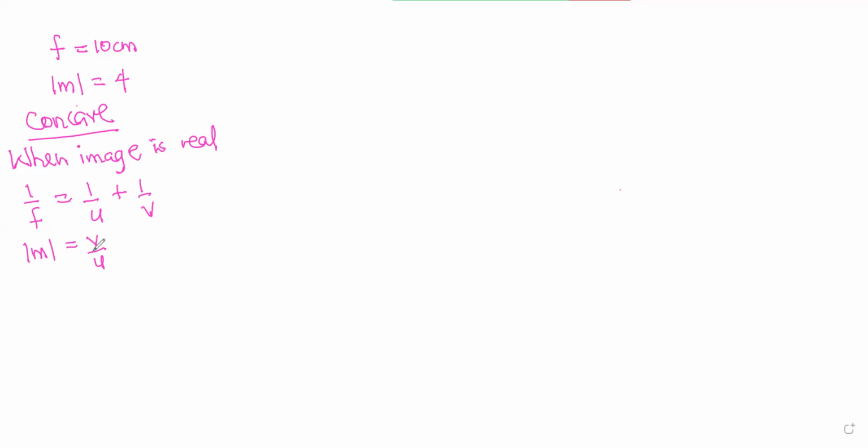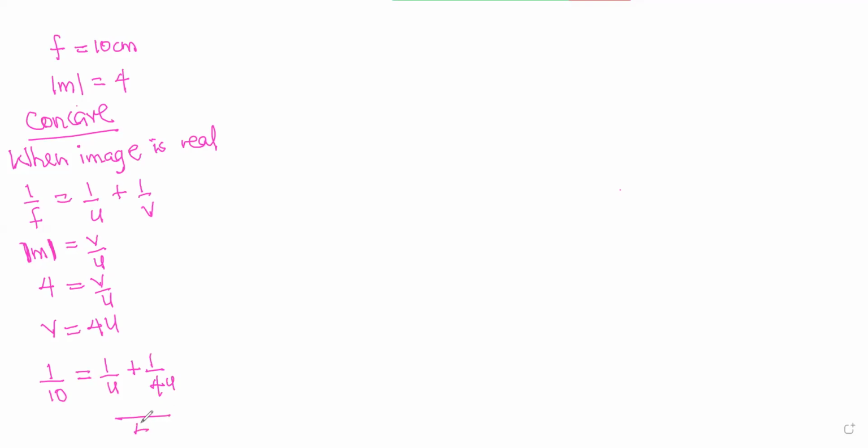Please, this symbol here indicates that we are looking at the absolute value, not any sign. So 4 is equal to V over U. Therefore, V is equal to 4 times U. So we have 1 over 10 is equal to 1 over U plus 1 over 4U.